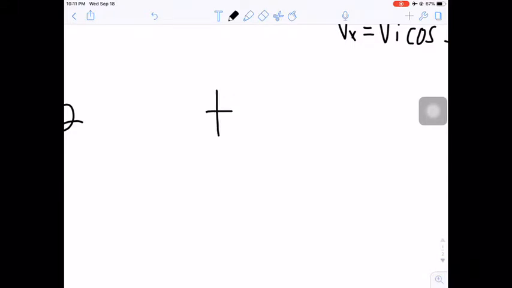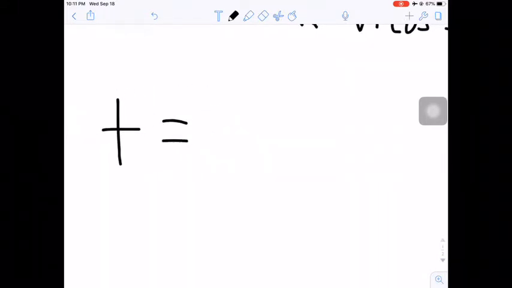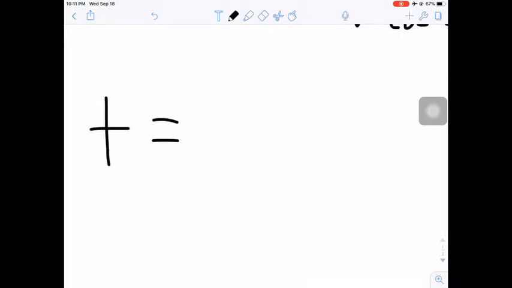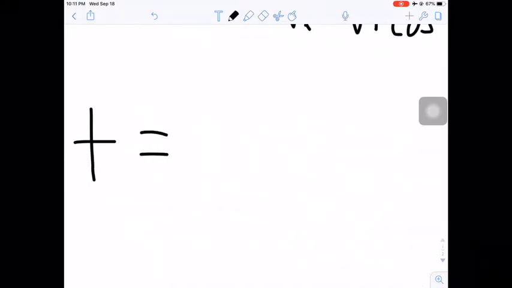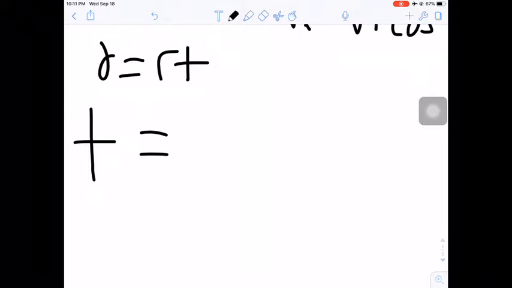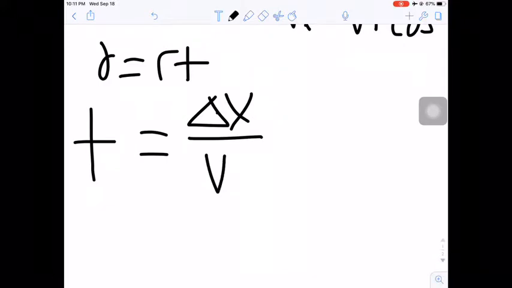For the time, it did not give us a time. So this is a part that trips up some students when they're doing this problem. Distance equals rate times time. So if we just do some algebra, we can see that time is equal to the displacement over the velocity.